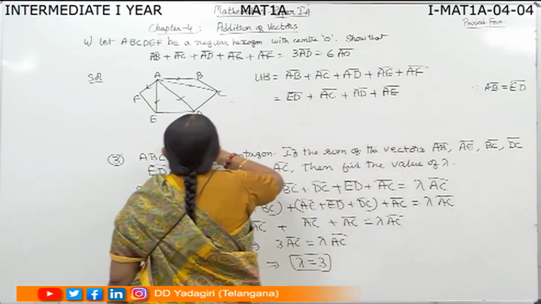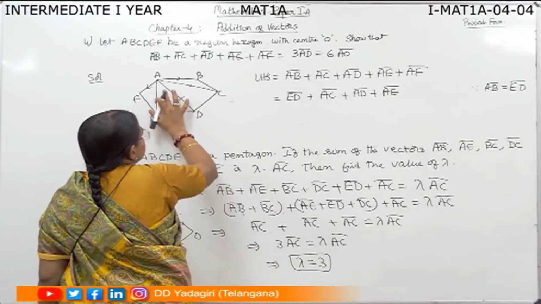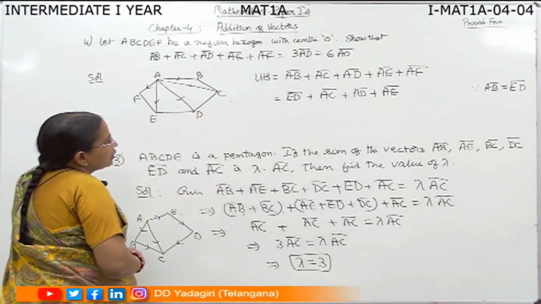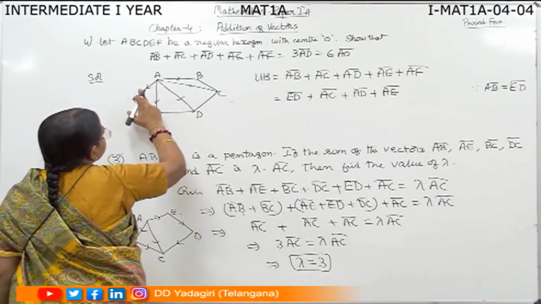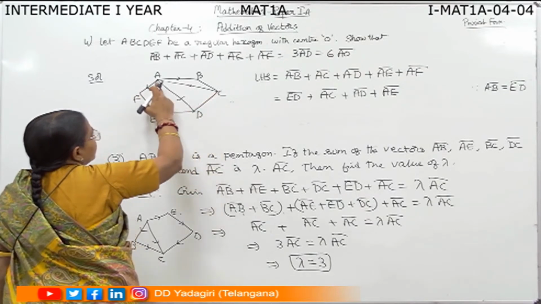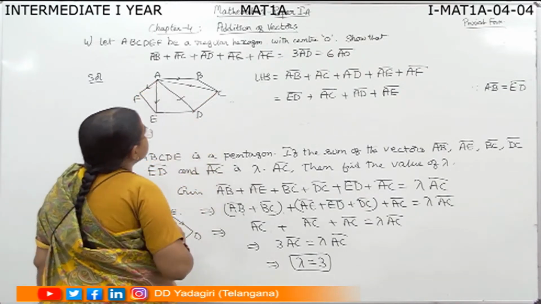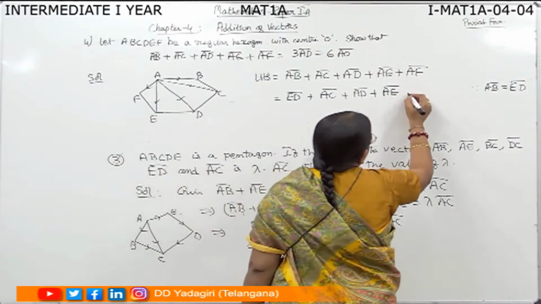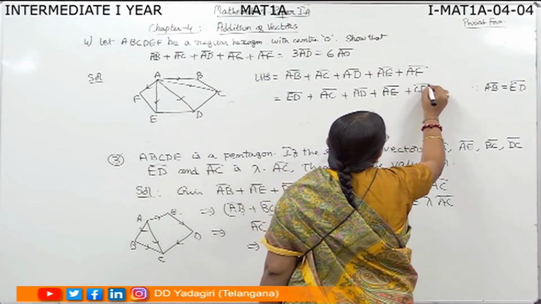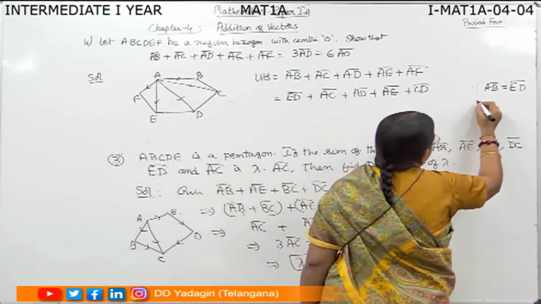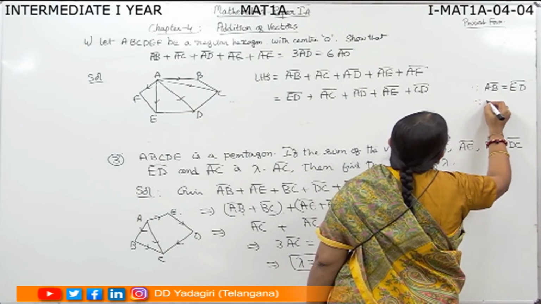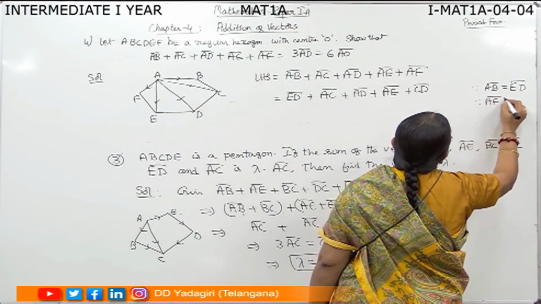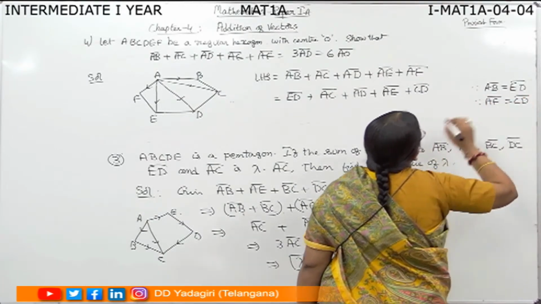AE plus ED is AD. Next AF. AF is nothing but CD. So we'll write AF as CD because they are equal and in the same direction. Their length is the same.